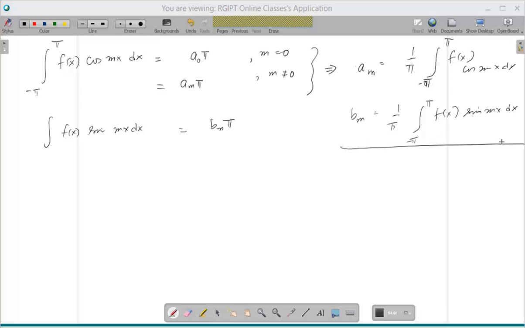These tell me how to find am and bm values.